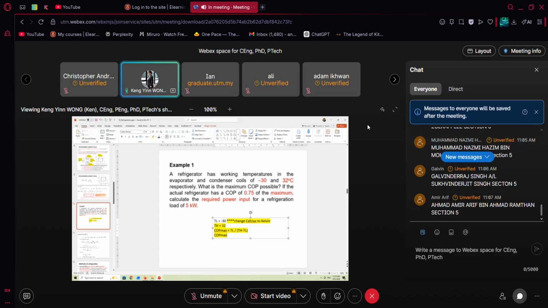COP max equals TL, TL is negative 30 plus 273, divided by 32 plus 273 minus negative 30 plus 273.